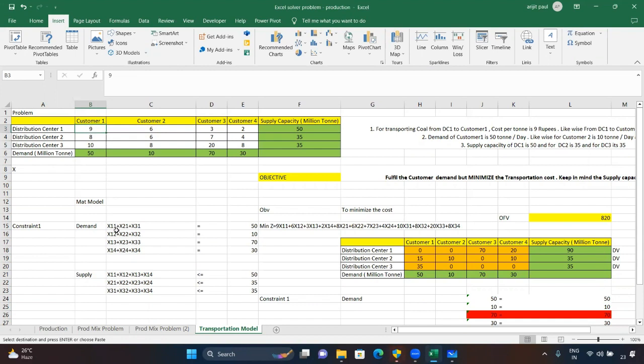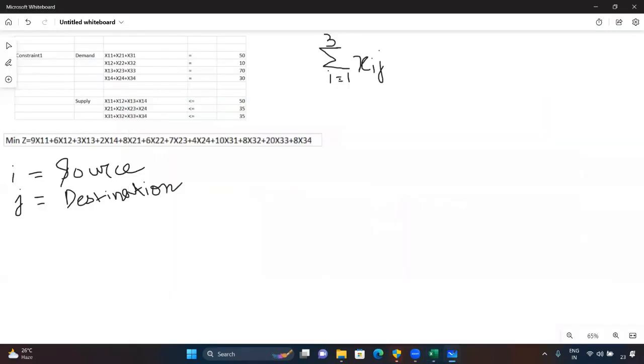That means in xij, i is the source, j is the destination. So summation of xij should be equal to dj.